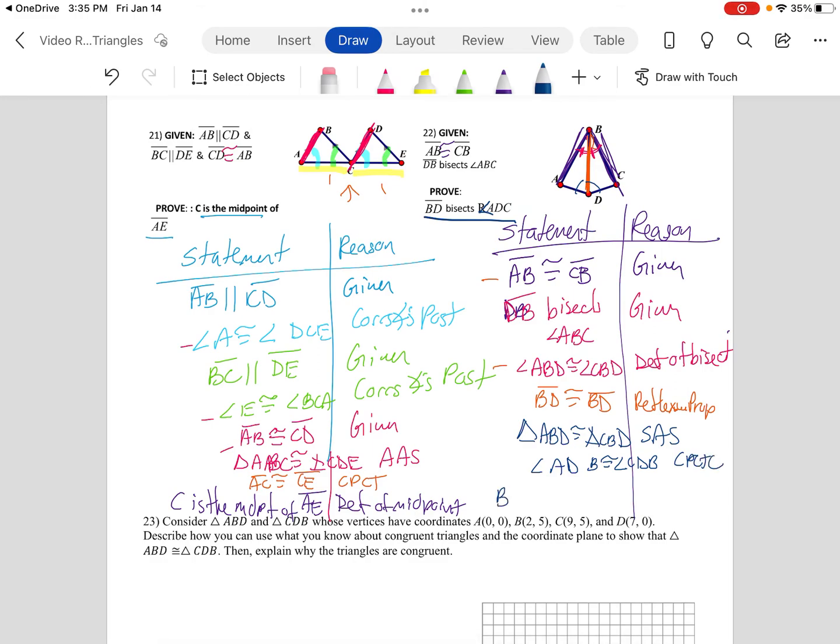And last but not least, well then, if those two parts are congruent, then BD must bisect angle ADC by definition of bisect. And that was the fourth proof.